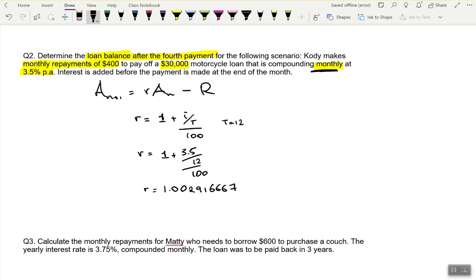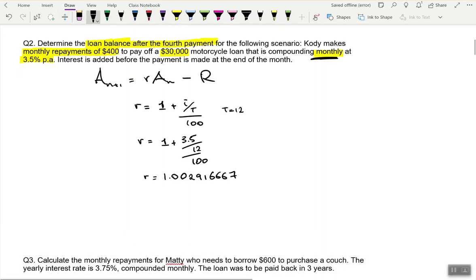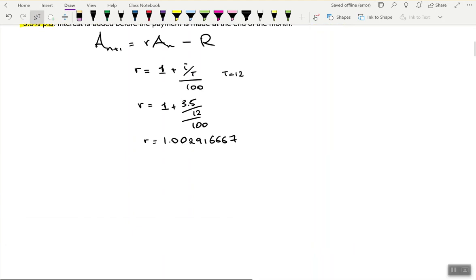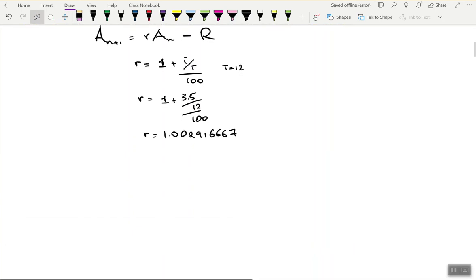Now whenever you're given this and you need to find the balance after 4 payments, or sometimes even how many payments it takes for the loan to be finished, use the full value of R. Okay, and you can just leave this in your calculator and it will do the work for you.